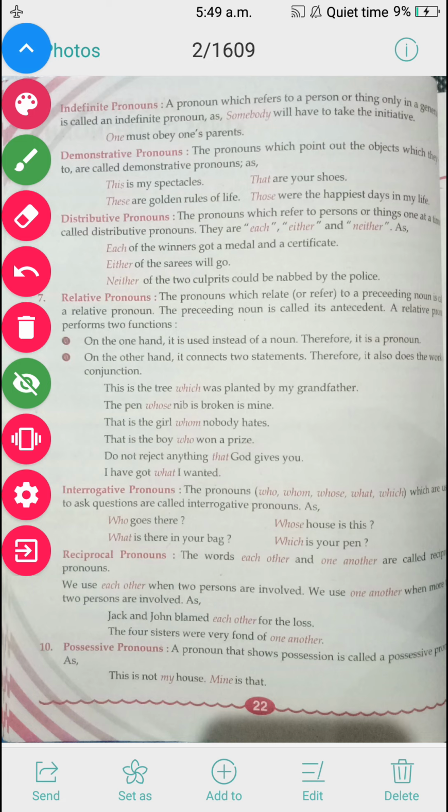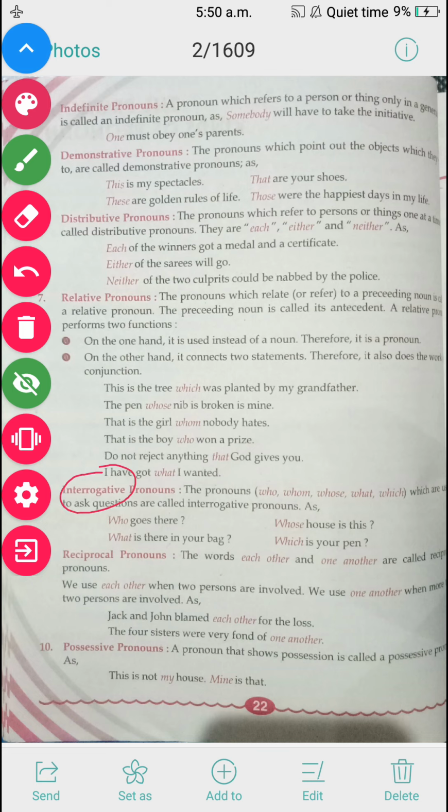Like, this is the tree which, whose, whom, who, that, what. So these are the words which are making a connection, connecting two statements. One statement this, the other one, the back one and the first one. Okay, students.